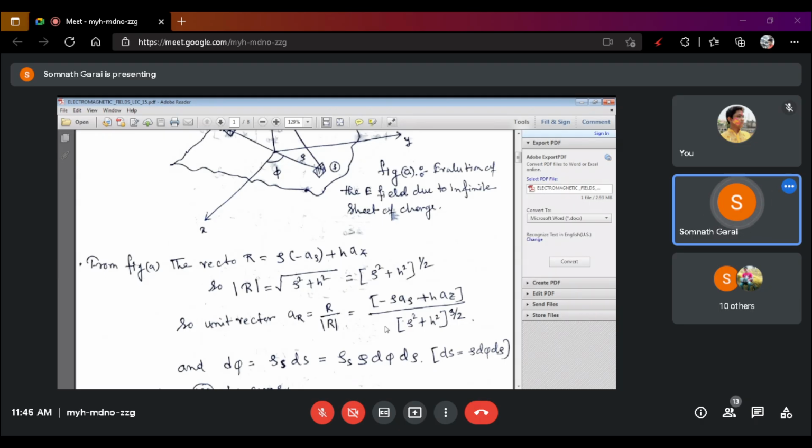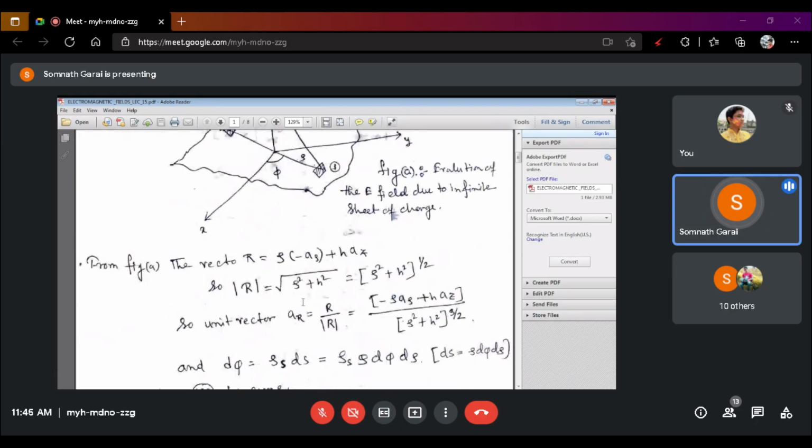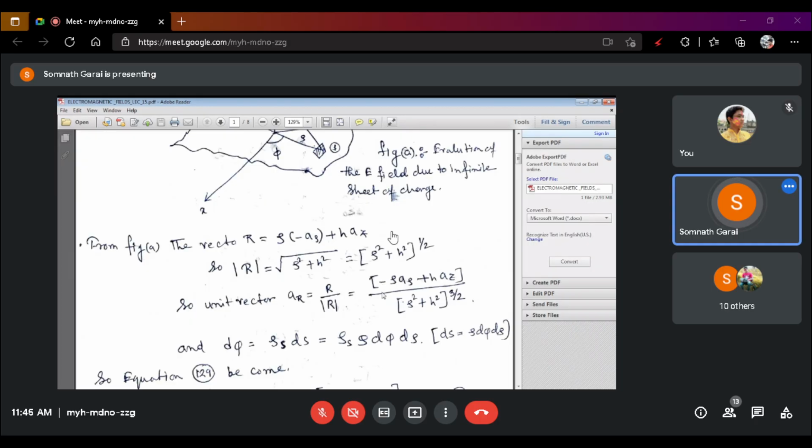But r square is already multiplied with this, that's why it is r square into r, that is r cube. So ar is equal to R vector by r, and the expression will be minus rho a rho plus h az divided by rho square plus h square to the power 3 by 2. Now that is the expression of the unit vector ar.